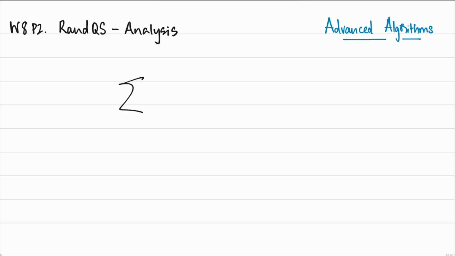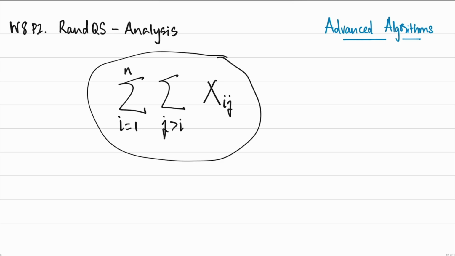So I want to look at i ranging from 1 to n, and j greater than i, because I really am interested in unordered pairs here. For every pair of elements, I just want to know whether that comparison happened or not. So this is the combined random variable that captures the total number of comparisons.